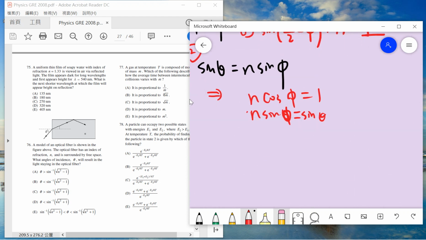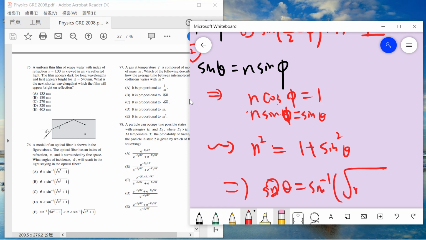Okay, so we can solve it. We can square both, and cosine squared plus sine squared is 1. So we have theta equals sine inverse of the square root of n squared minus 1.